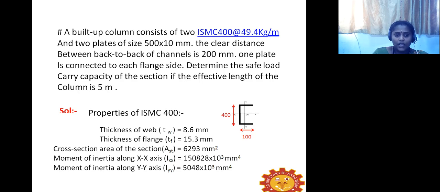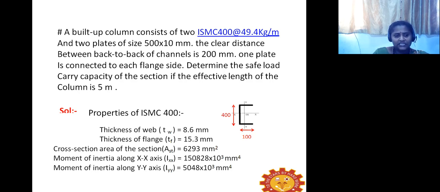You could refer to that. In addition, two plates of size 500 mm by 10 mm are used to connect both the channels, because here we are going for two ISMC channels that have to be connected. For connecting them, the plate size used is 500 by 10 mm.